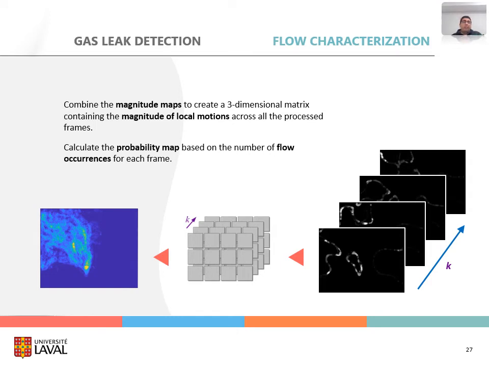Then we combine the magnitude maps provided by applying the optical flow analysis on each frame to create a 3D matrix containing the magnitude of local motions across all the processed frames. Then we calculate the probability map based on the number of flow occurrences for each frame.